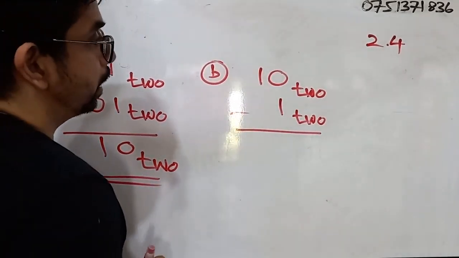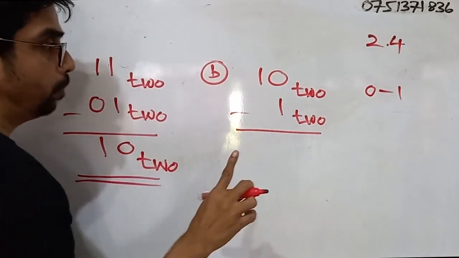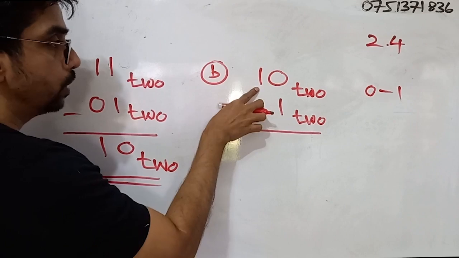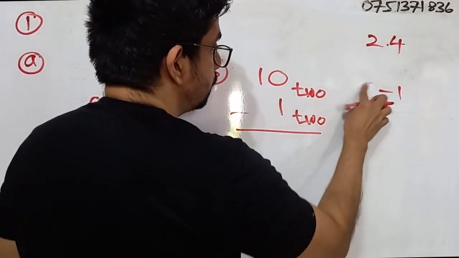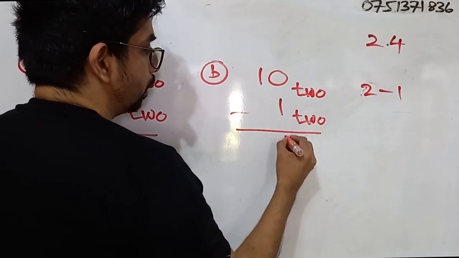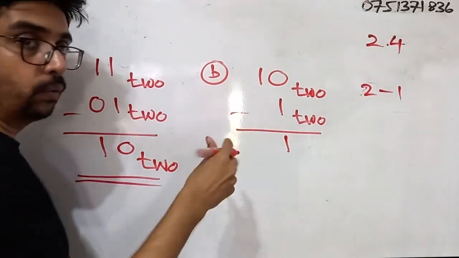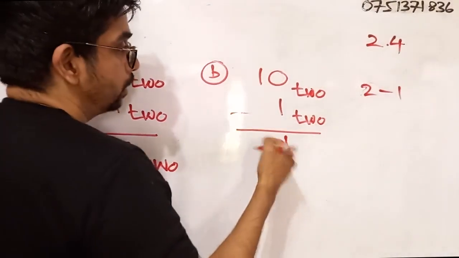Right, simple B. So here what do we have? 0 minus 1. So 0 minus 1 we can't do. So we borrow this 1. That means this 0 becomes what? 2. So 2 minus 1, what do we get? 1. So here there was 1. Now there is none. Right? That means 0.